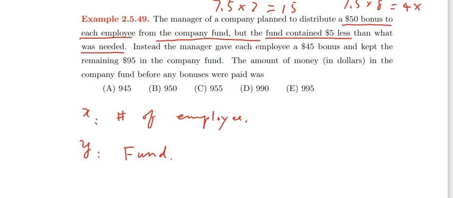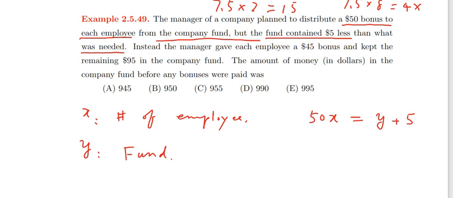If we give x people $50 each, then x people should have 50x. This money should equal total y plus 5, right? So y is not enough, so you need $5 more.